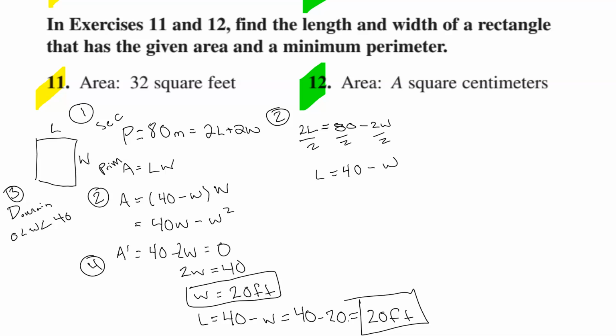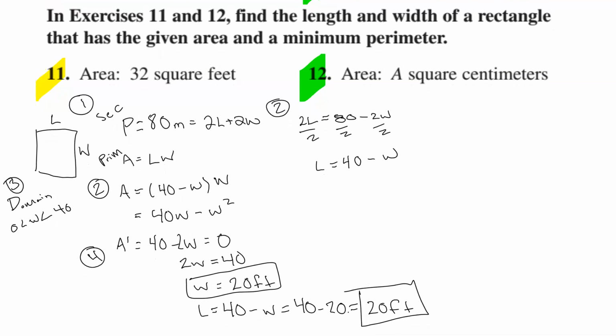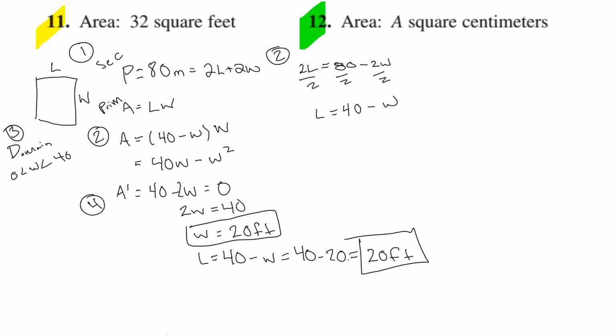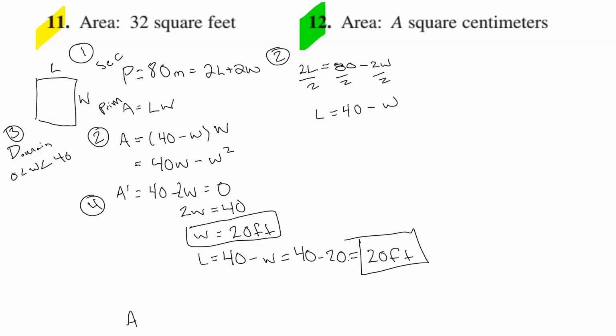All right, let's consider now a problem where we're trying to find the length and width of a rectangle. I'm going to start over. Find the length and width of a rectangle that has the given area and a minimum perimeter. So we've got an area of 32 square feet. And our equation for area is the same, right? Length times width.